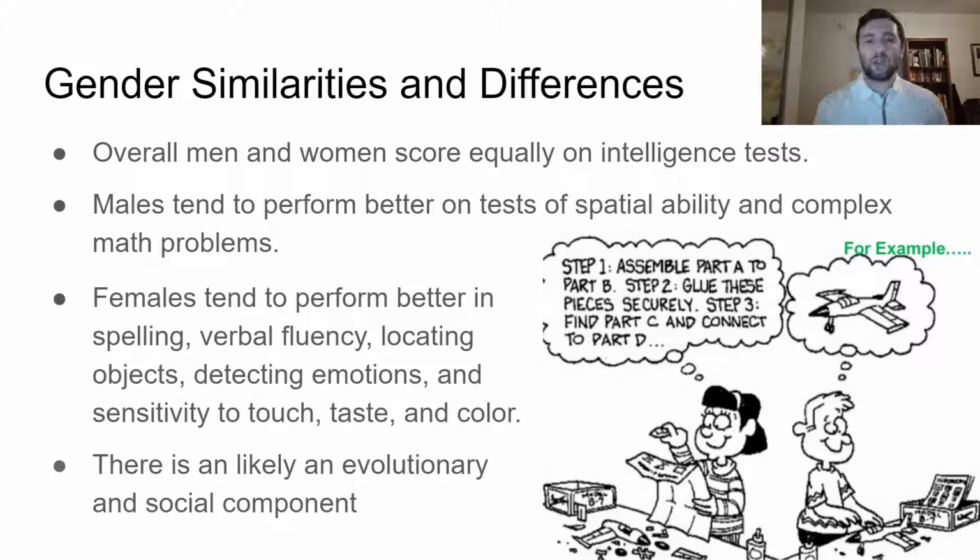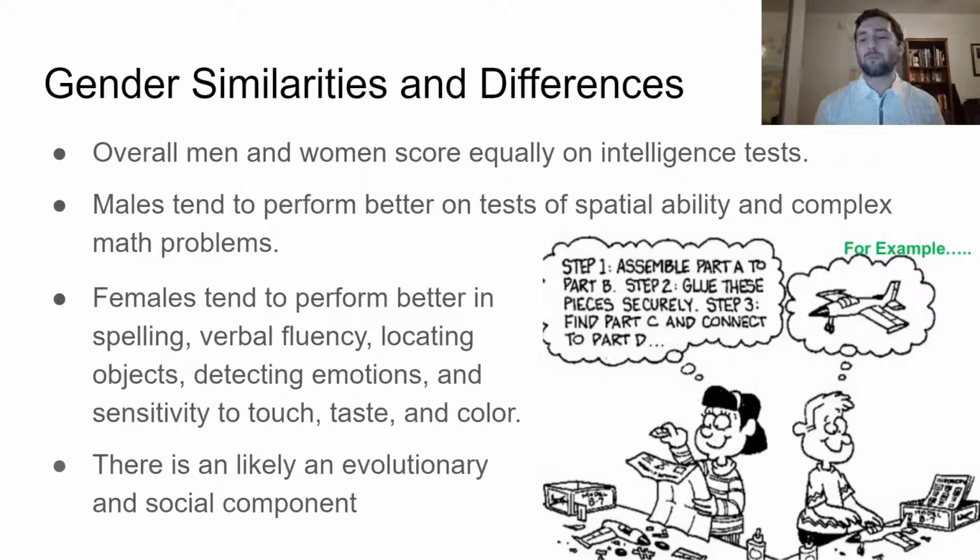So socially, we can think about how do we raise men and women differently, and again, we'll talk about this a little bit more in depth when we get to development. But the reality is we treat young girls differently than we treat young boys, and even down to where they're infants. You know, when they're 1 year old, we treat baby girls and baby boys differently, and these differences can oftentimes cause some of the differences we see.